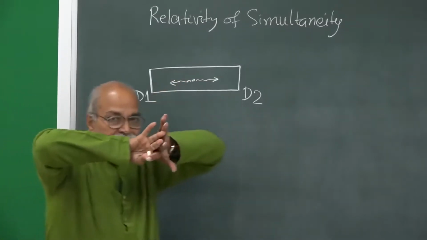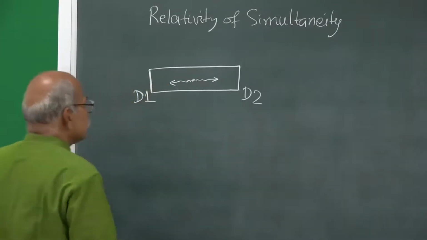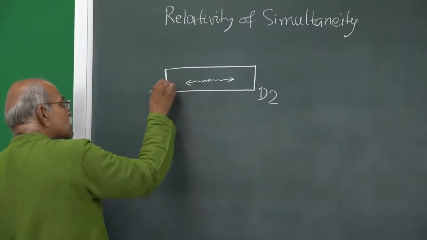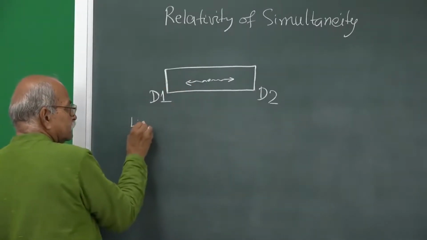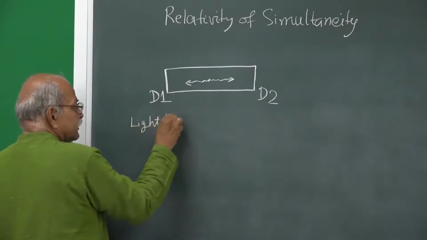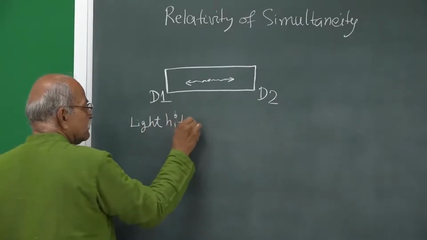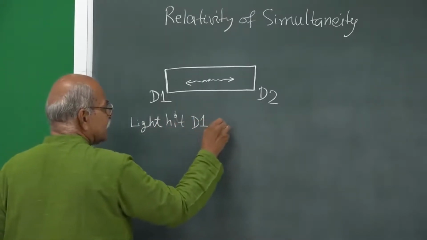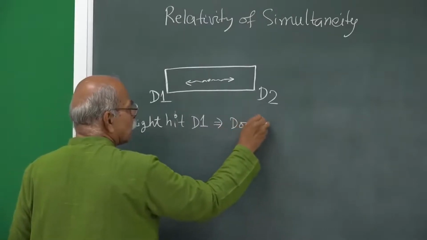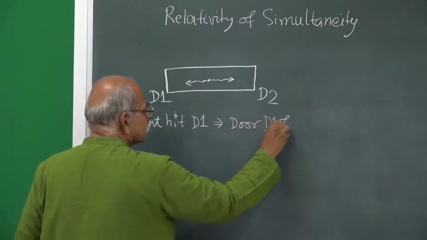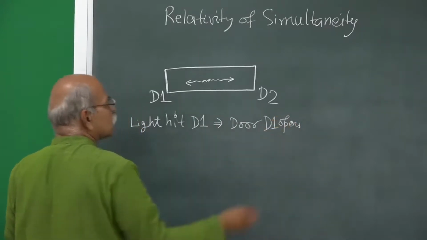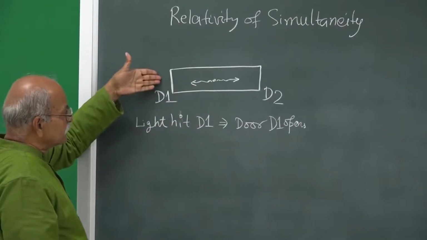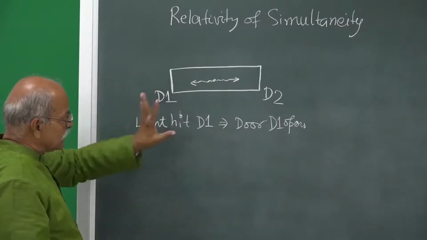At the same time the pulses are emitted, and the mechanism is such that when this light hits door D1, this is in fact one event, I can just rename it, and then the door D1 opens. So, our electronics is such that this light falls here, and then this door D1 opens. So, this is one event.